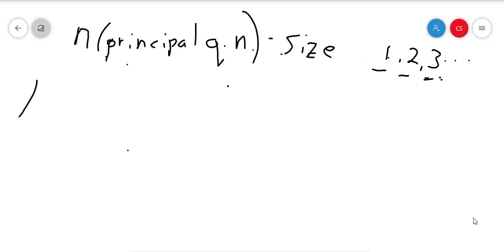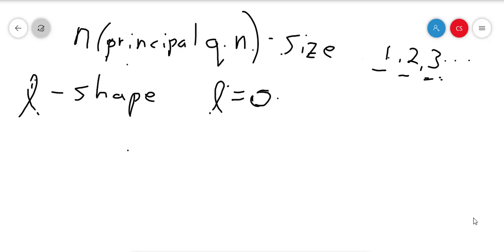Then there's the L quantum number, and that designates the shape. The L quantum number actually has a range as well. I didn't write it down yet, but L starts at 0, and it goes up in integers, but it can only go up to n-1. Can't go any higher than that.